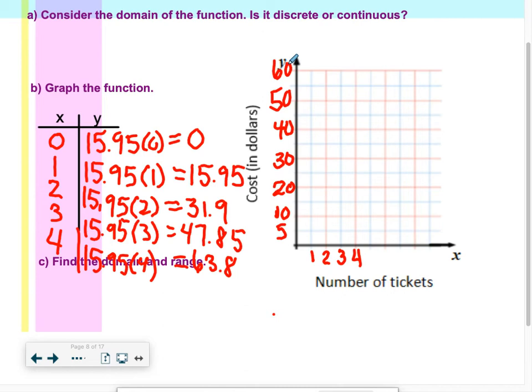And now we just plot our points. So if I bought 0 tickets, I paid $0, so 0, 0. If I buy 1 ticket, it's $15.95. So just eyeball it about where that would be. 2 tickets, 31. 3, 47.